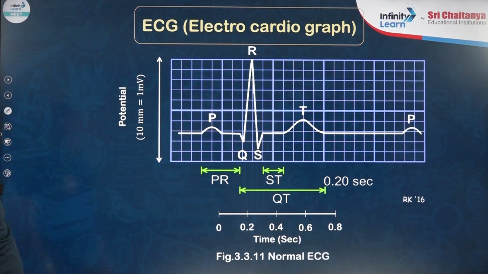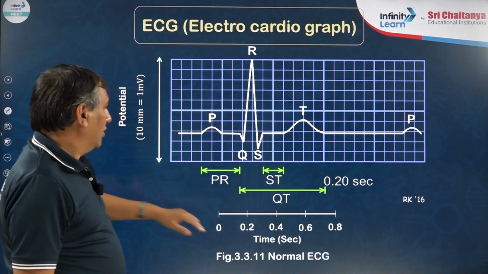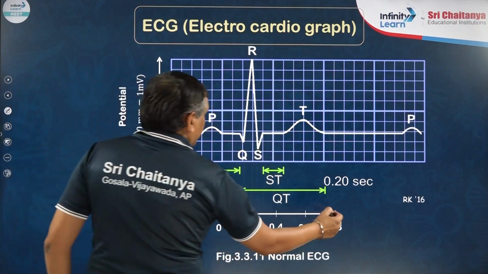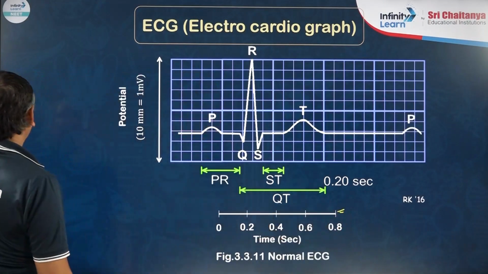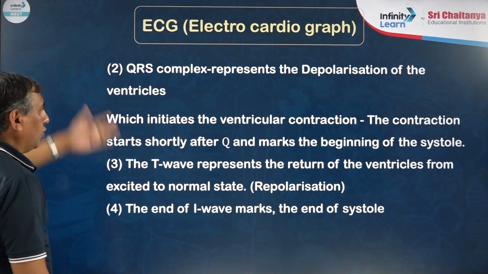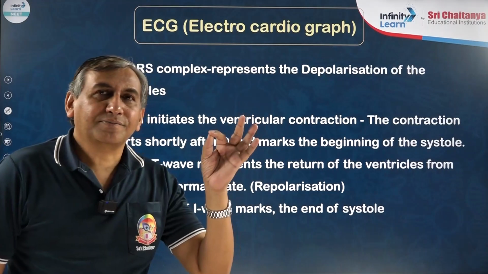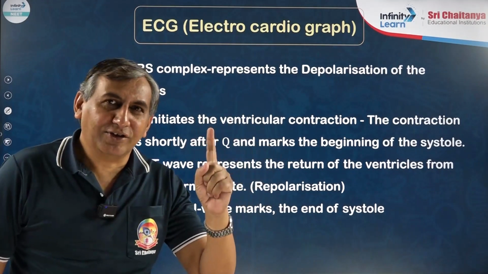This again I have taken from C Chaitanya material. It is saying about the duration and all. Whenever you come, total duration 0.8 second. We will explain this again. QRS complex means total ventricular systole.